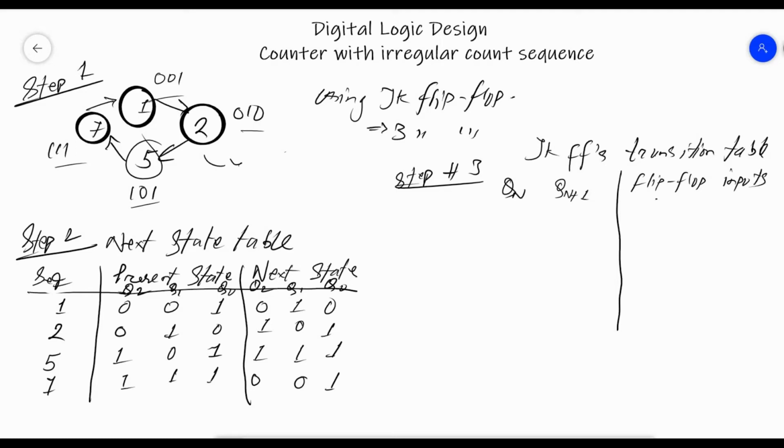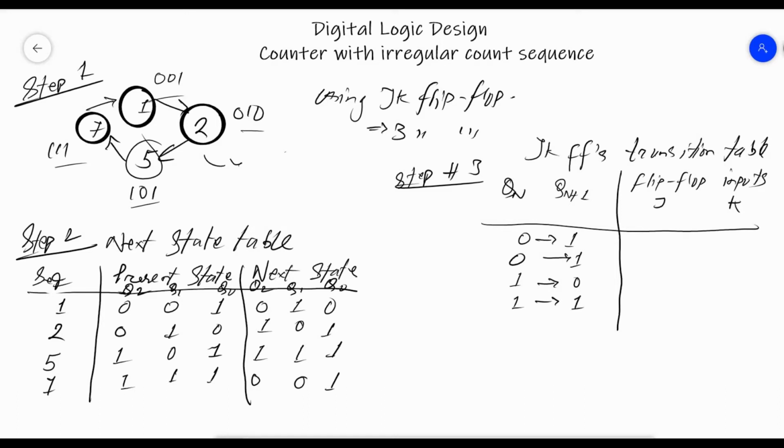We have J and K. Now the state changes are from 0 to 0, 0 to 1, 1 to 0 and 1 to 1.